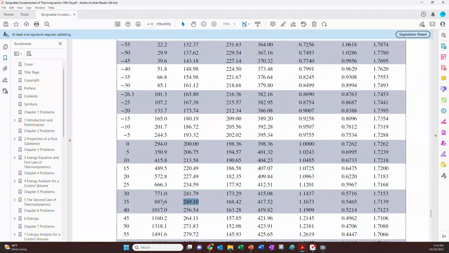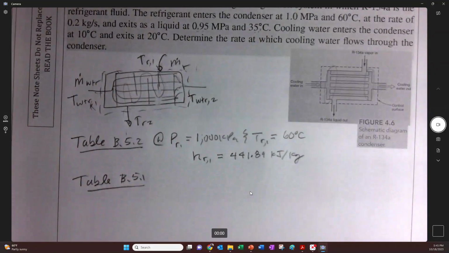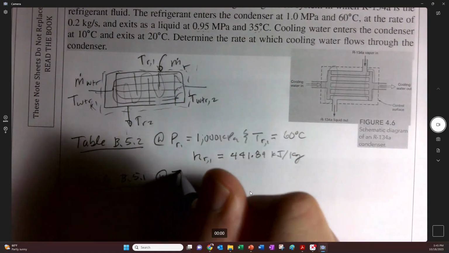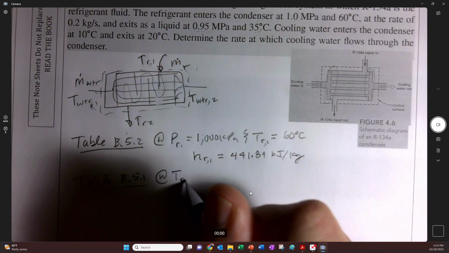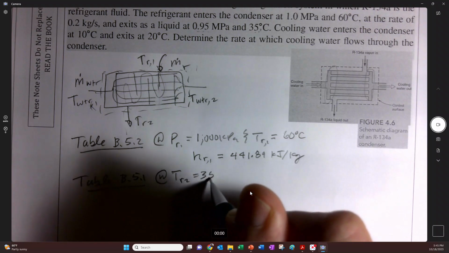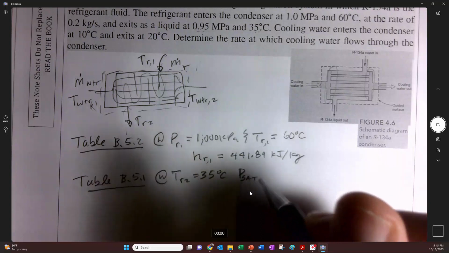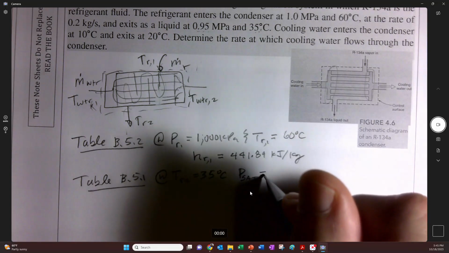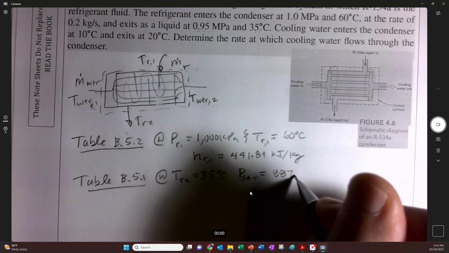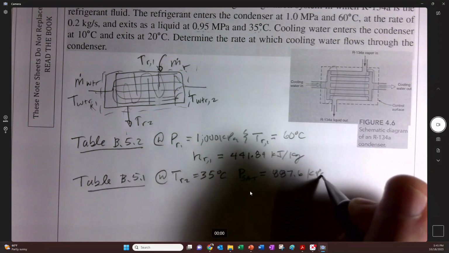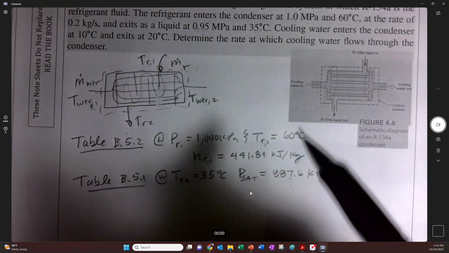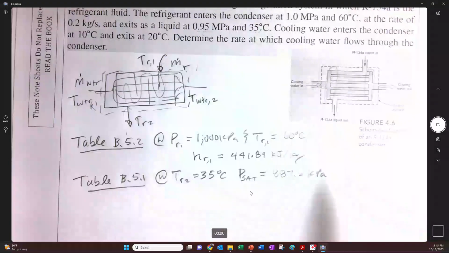And I'll write down that we had table B.5.1. So it's more related to the temperature. And then we said at TR2 equal to 35 degrees Celsius, we had P sat equal to 887.6 kPa, which is less than the 950 kPa that it's at.